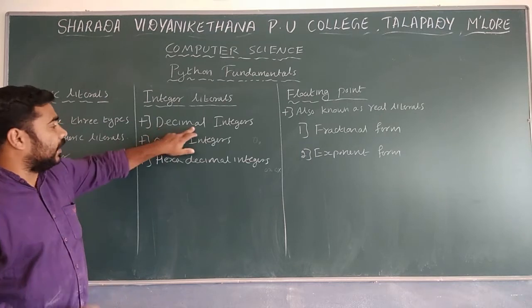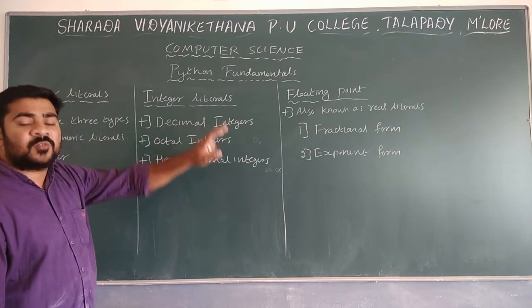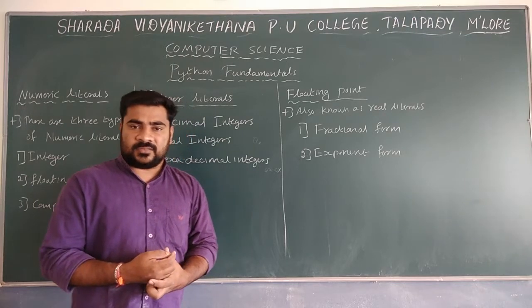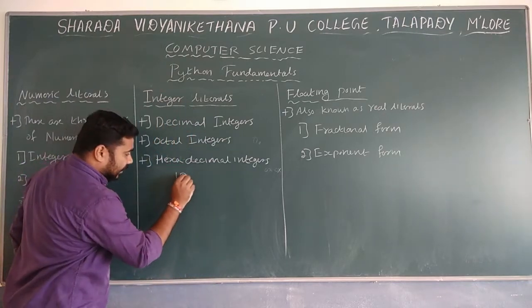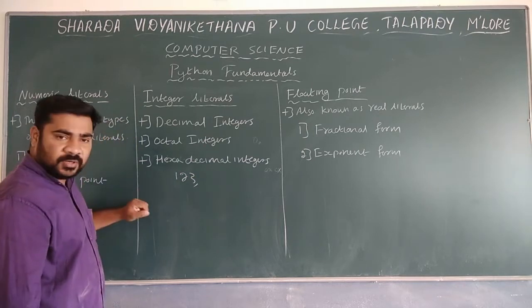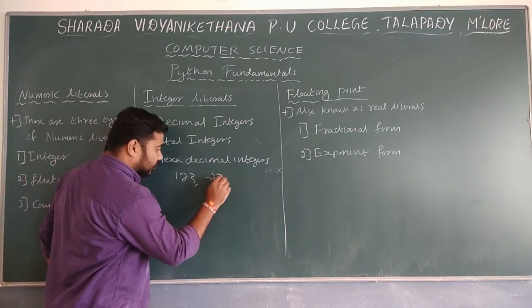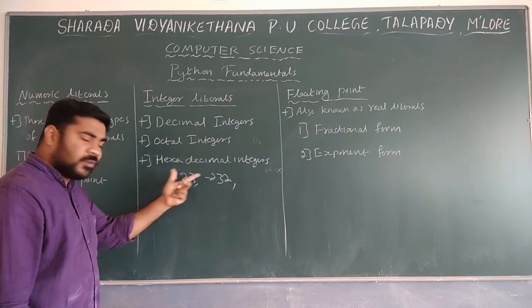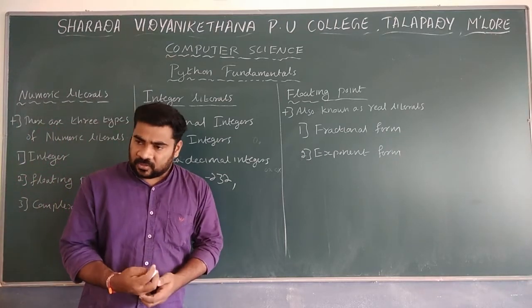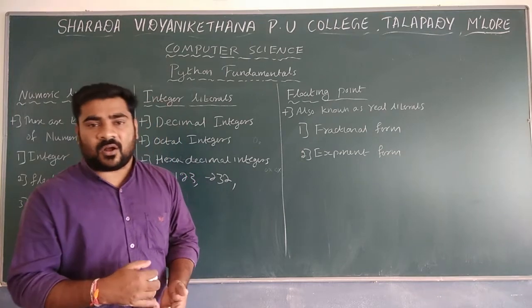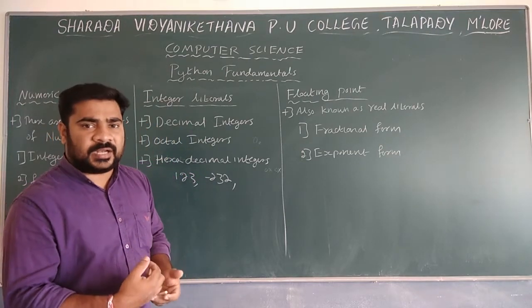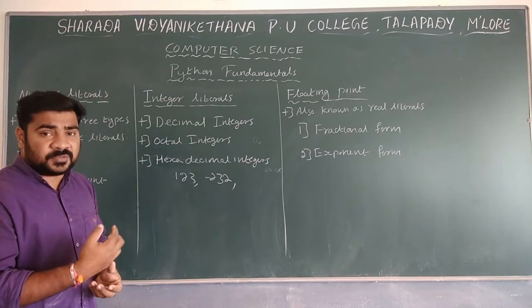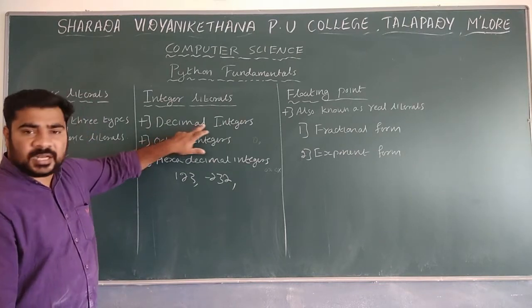So here, decimal integers. The normal integers that you write are known as decimal integers. For example, 123, or minus 232, without a fraction part, either positive or negative numbers with signs. Those types of digits are known as decimal integers.